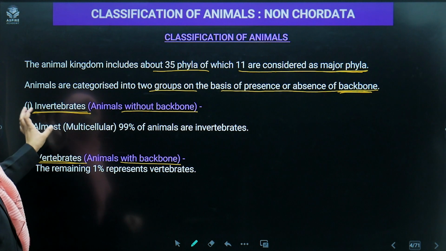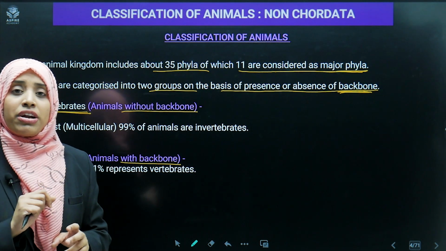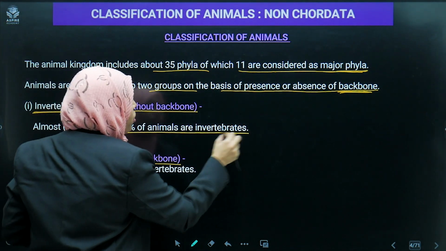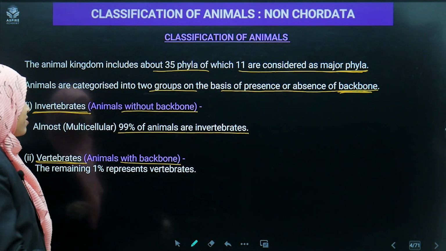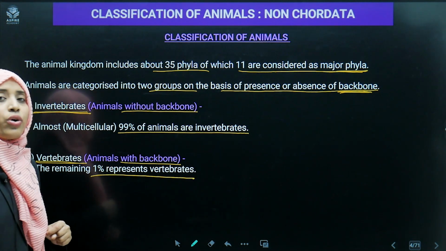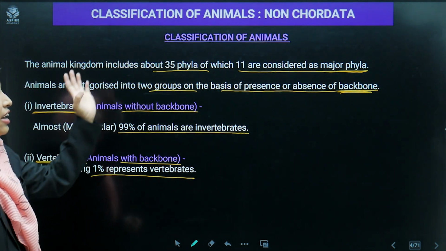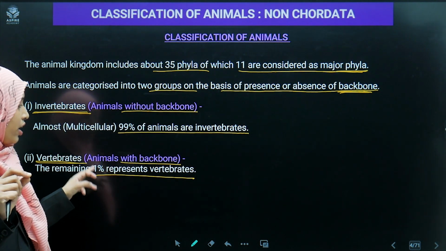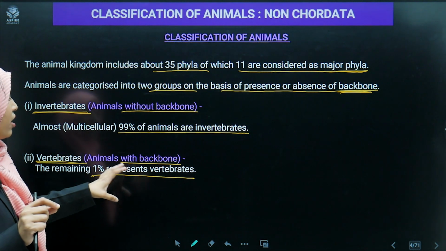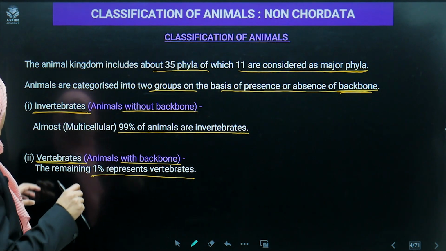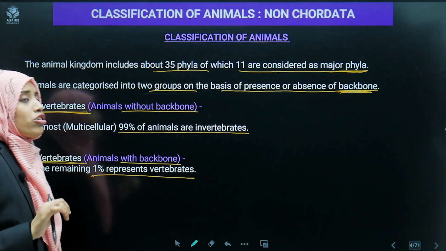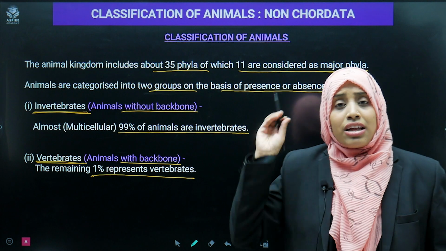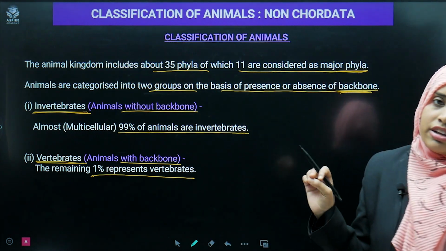Total invertebrates, अगर आप देखा जाए जितने भी animal kingdom, 99% of them are invertebrates and only 1% are vertebrates, that means they are having their backbone. And we must also remember one thing, that animals are multicellular. ज्यादातर जितने animals है they are multicellular.